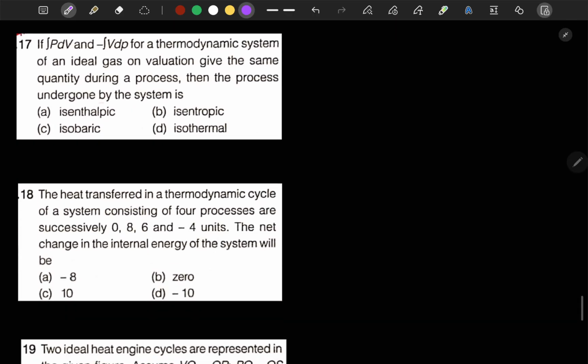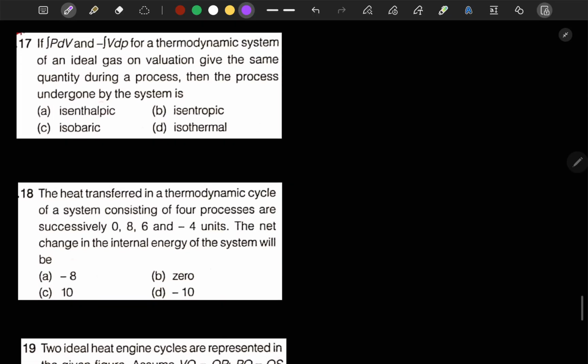Next we will move to question number 17. Question 17 is, if PdV and minus VdP for a thermodynamic system of an ideal gas on evaluation give the same quantity during the process, then the process undergone by the system is. I have already told you that PdV is the work done for a closed system.